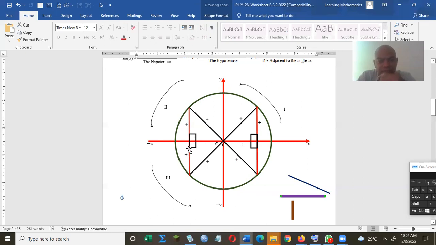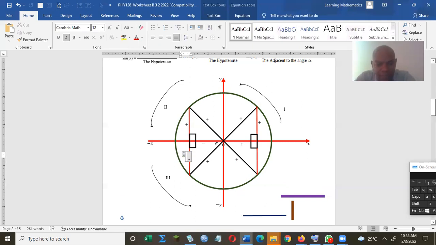Positive or negative? This side here that is opposite to alpha, should we give it a positive sign or a negative sign? Anybody? Someone said a negative sign.